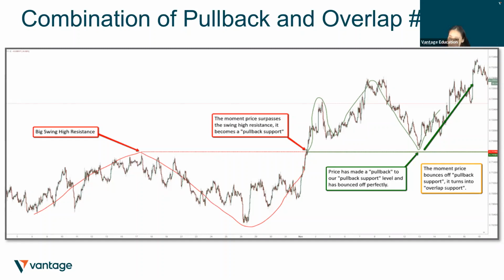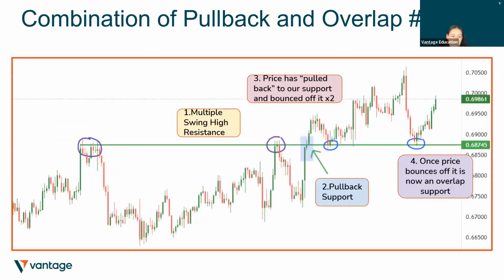So let's look at another example. So here we have two swing highs that lie in the same level at 0.68745. So since there's multiple swing high resistance, we can say this is a pretty important resistance level.